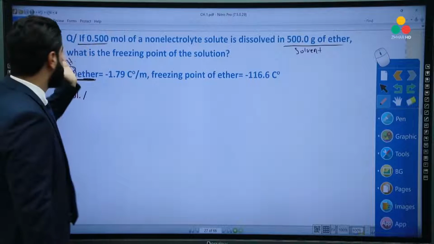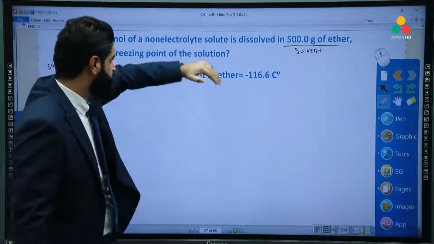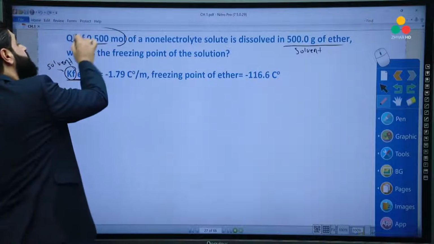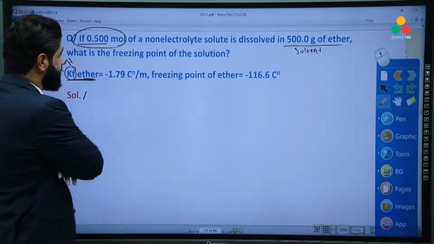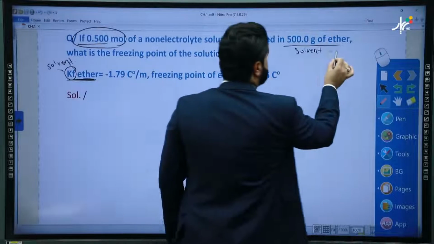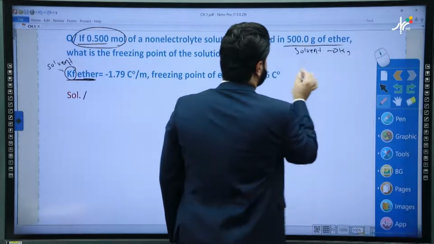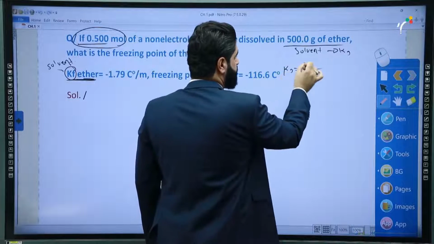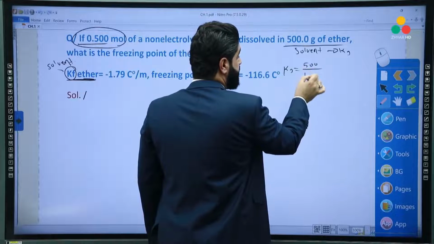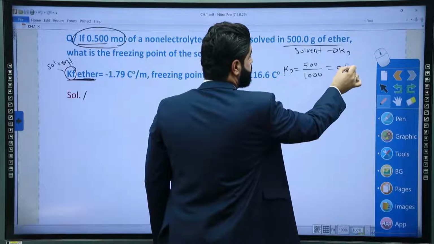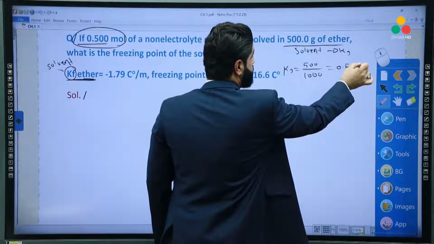And now another thing, dissolving solute in solvent. We have the solute in number of moles, mister. It's okay. But the solvent, firstly, we have to convert into kilograms. So kilogram equals 500 divided by 1000 equals 0.5 kilogram.